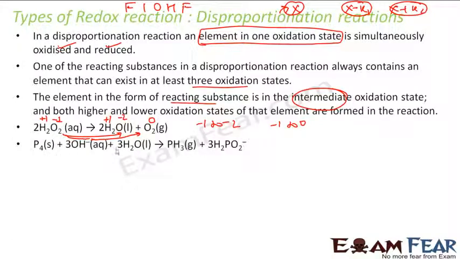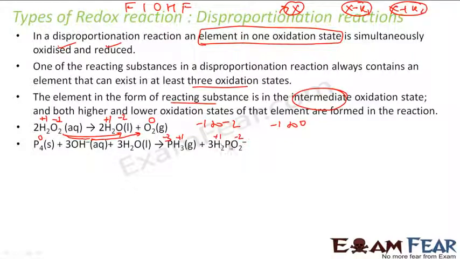P4 plus 3OH minus plus H2O gives PH3 plus H2PO2 minus. So here P4 will have 0 oxidation state, free form. Here OH minus, leave it because we are concerned only about the phosphorus oxidation state. PH3, by rule H will be +1, so P will become -3. In this case, by rule we'll have oxygen first, then hydrogen.